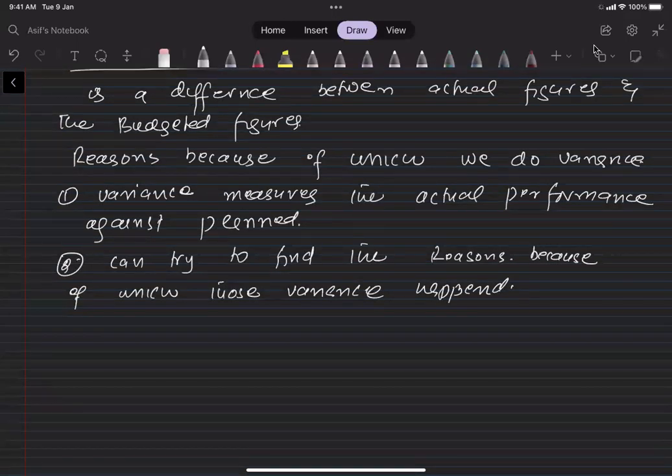Finding out the reasons of variance can help the business to take better decisions.